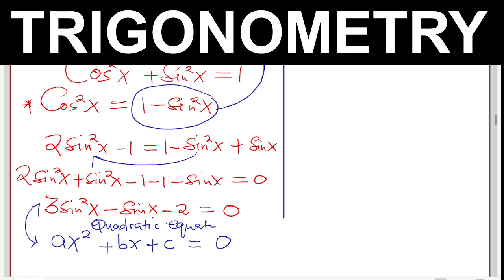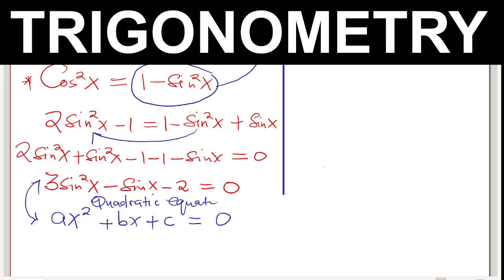So to solve this easily, we can substitute sine of x with a letter, let's say y. You can take any letter. So in place of sine x, we replace it with y.